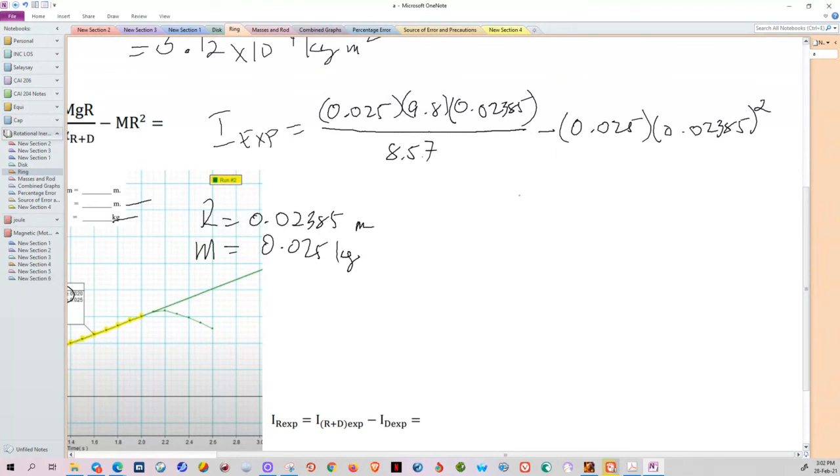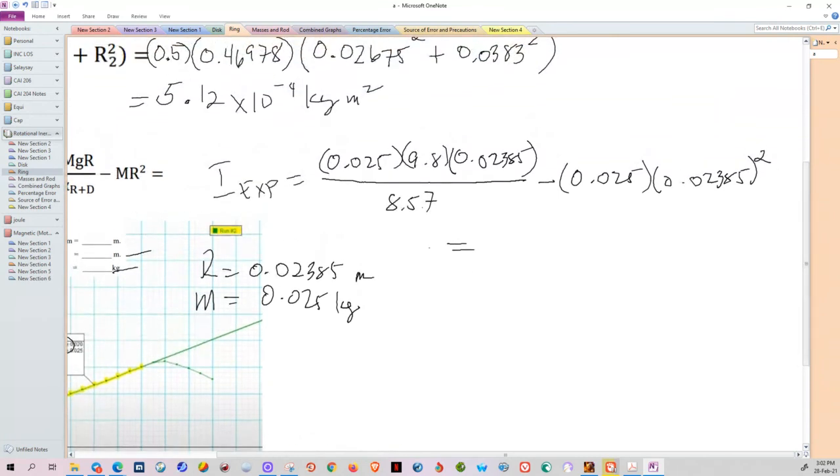You got it after I write it or what? So what's the answer here, Shabab? Tell me. Which one is correct? 5.39, 6.68 by 10 raised to minus 4. Okay. Let's say 6.68 by 10 raised to minus 4 kilogram meter squared. The problem is, look, according to the theory, it's only supposed to be 5.12.